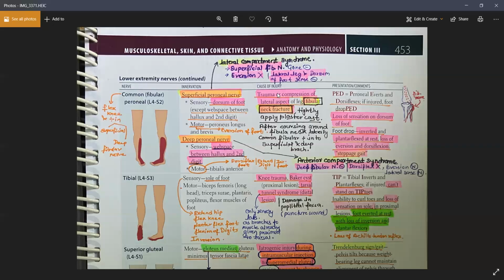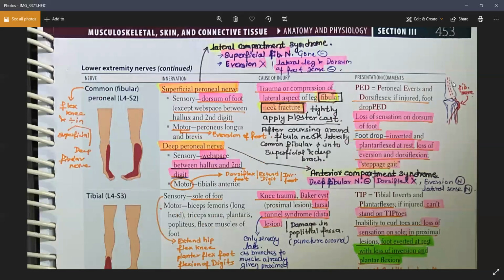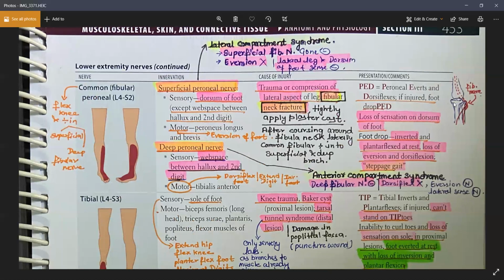Damage can happen because of compression of the leg in the lateral aspect, as you can see in this diagram. This is your femur. This is a fibula. This is a tibia. This is a sciatic nerve, which is running posterior to my femur. It will enter the junction of the thigh and the leg. From there, it will come anteriorly, in very close association with the fibula.